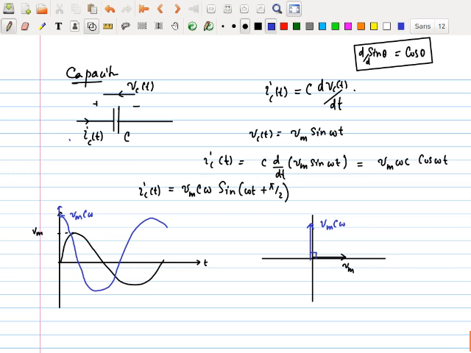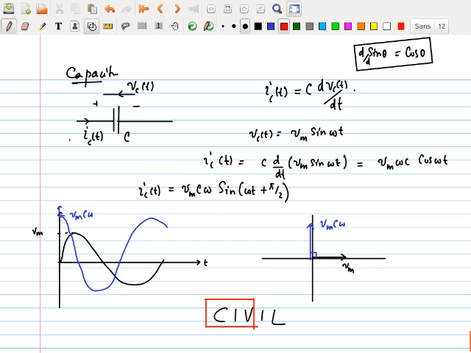Now there's a little expression which is used to keep in mind who leads who. Otherwise, when you go through all the equations, only then you figure out which one is leading which one. So here is an expression which is called CIVIL, which anybody can remember. You realize the top section of it, C, stands for the capacitor.